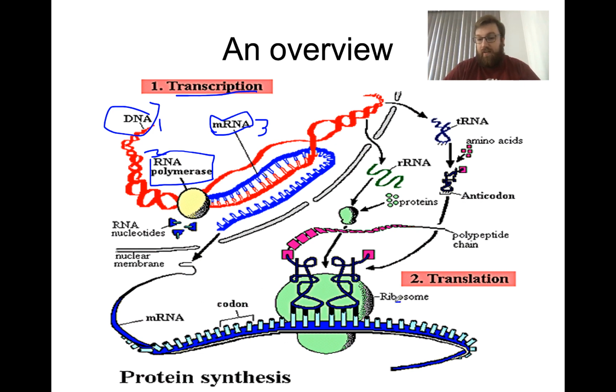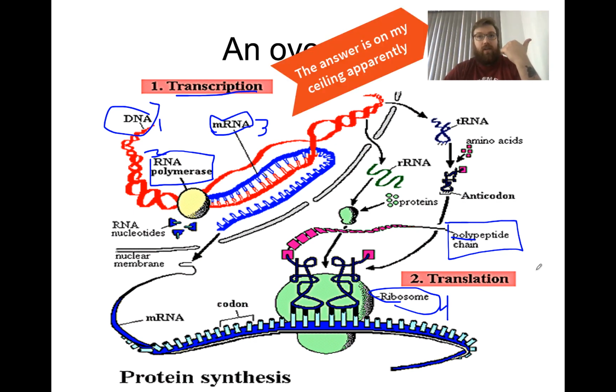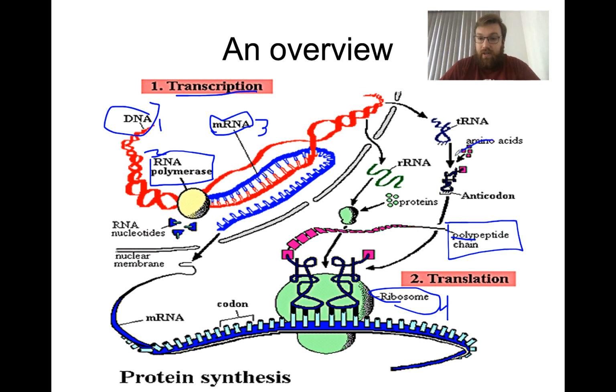And here's our ribosome. This is where our polypeptide chain is built, remember that from the beginning of the year? We said that amino acids put together can be monopeptides, dipeptides, or polypeptides. So here's our amino acids that are brought in. They go here and they build our protein chain.